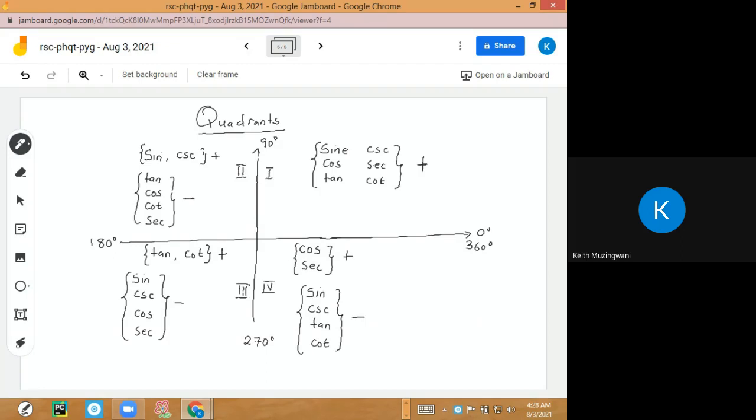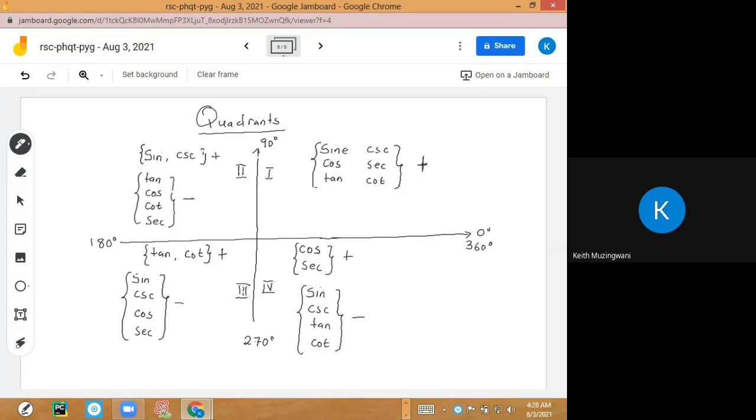So here we learn that all these trig functions, they only give us positives in two quadrants. Each has two negatives and two positives in the full circle. Sine in the first and second, meaning from 0 to 180, sine gives us positives.